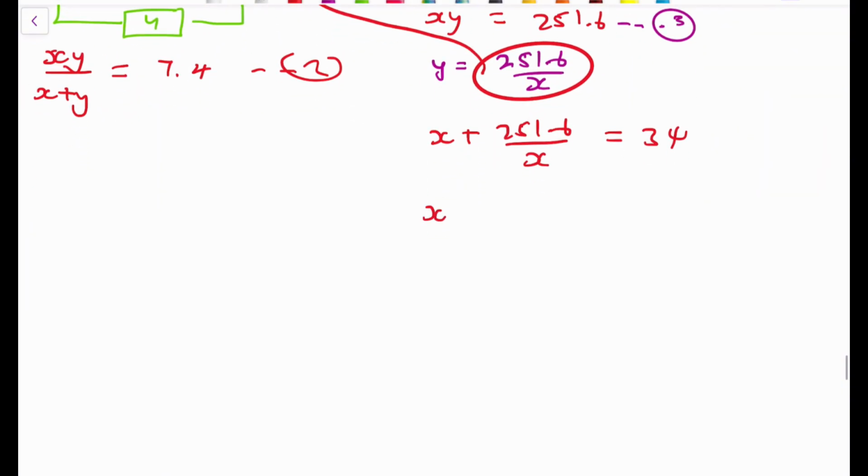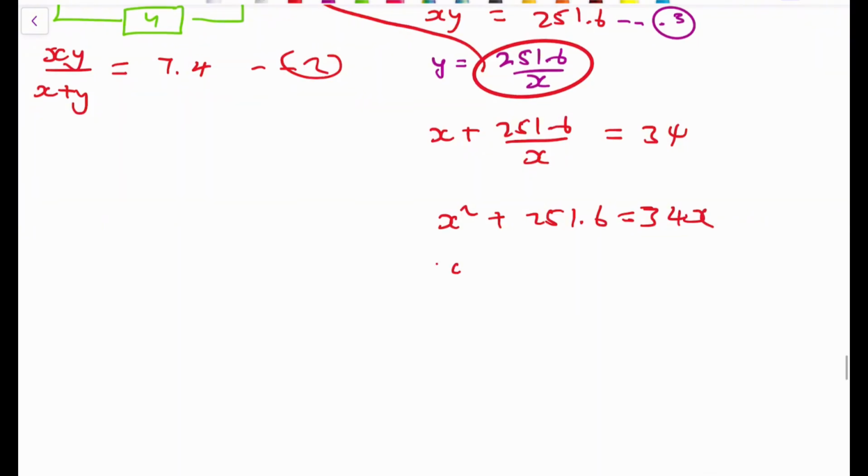If I multiply both sides by X, I have X squared plus 251.6 equivalent to 34X. That goes to that side: X squared minus 34X plus 251.6 will be equivalent to 0.